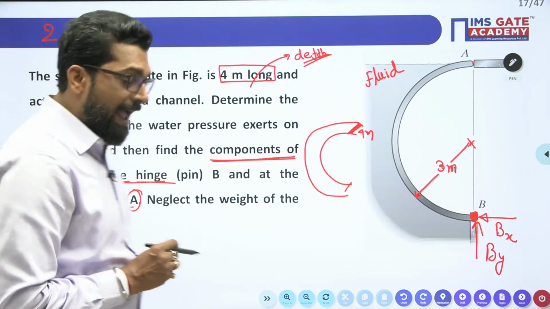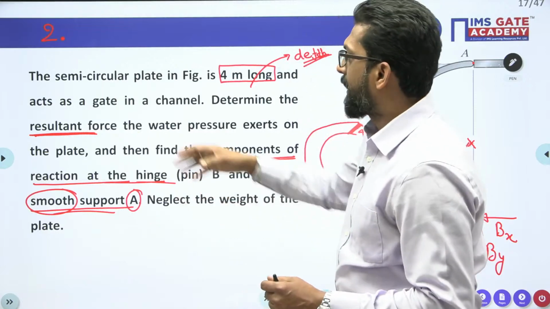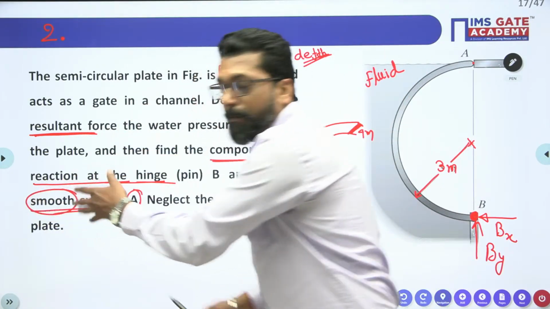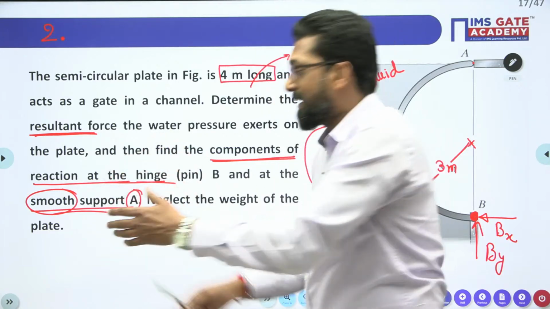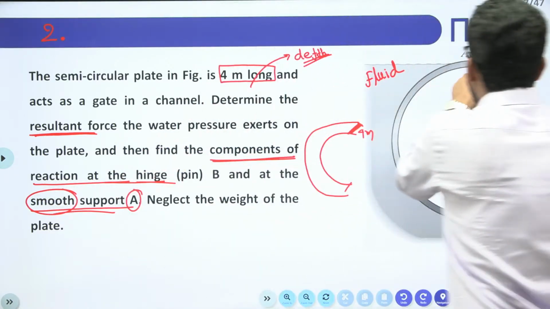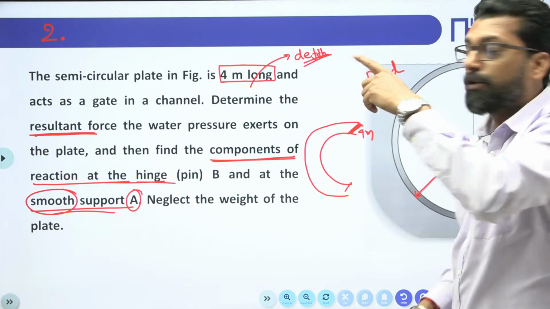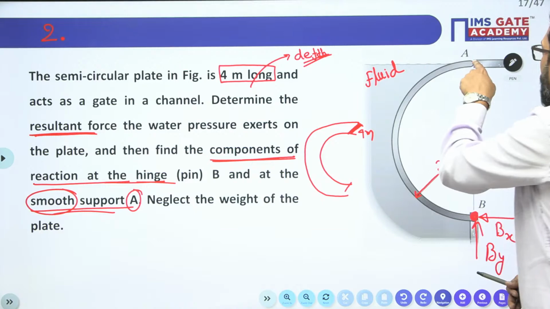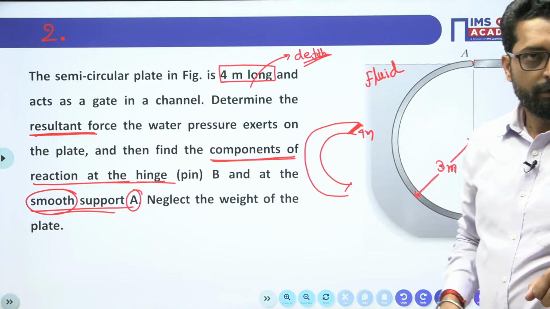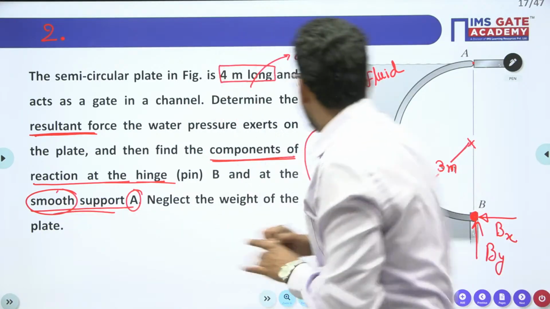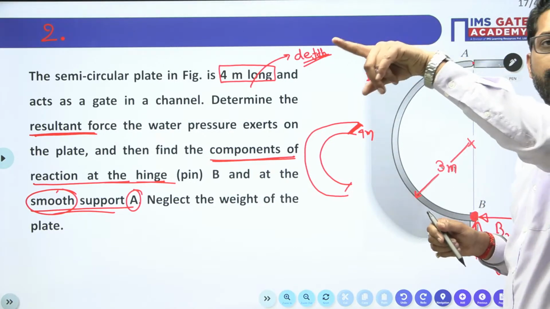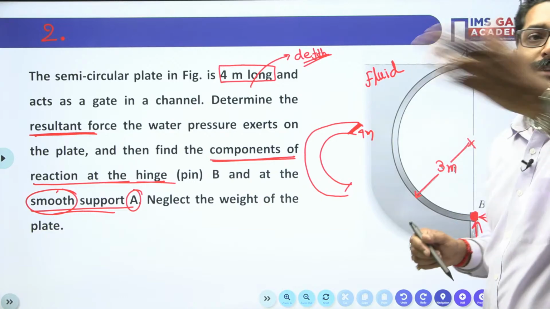It is not given just as smooth or rough; this has a meaning. If it is smooth, then you don't consider any friction between the gate and the holding side. So there is no rubbing other than the reaction.